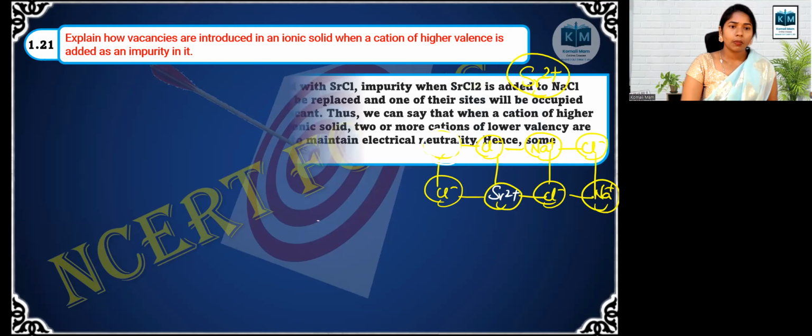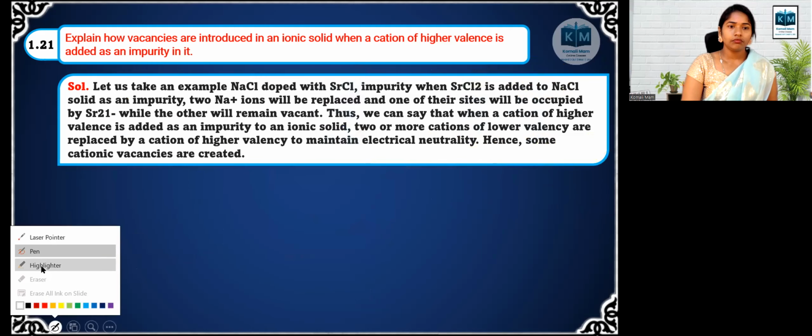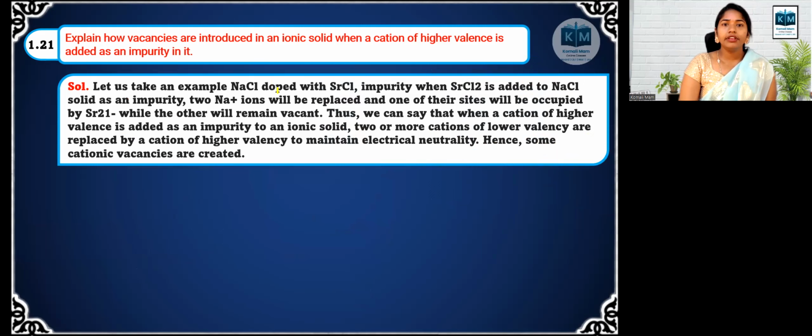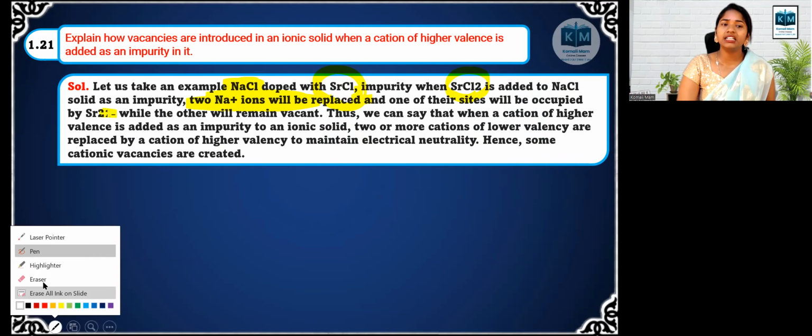See here. If you take the NaCl example, we are doping with SrCl2. Then when SrCl2 is added, two Na pluses will be removed and Sr2 plus will be occupied, and one position will remain vacant.